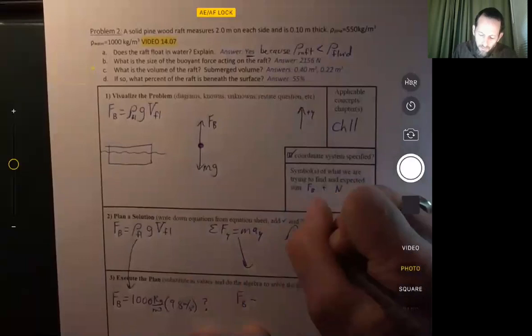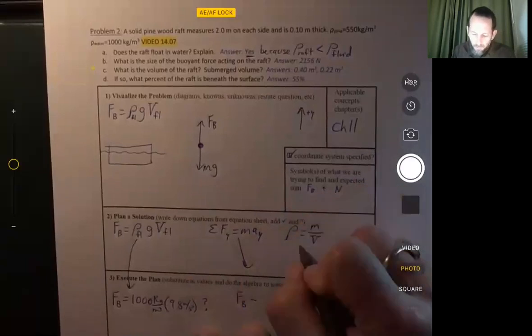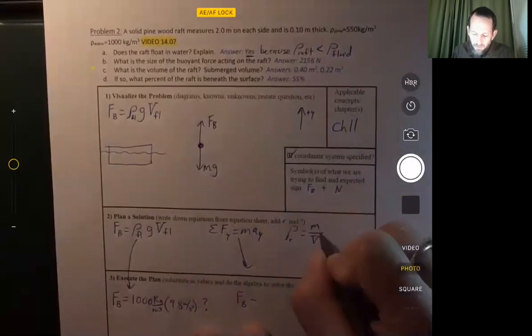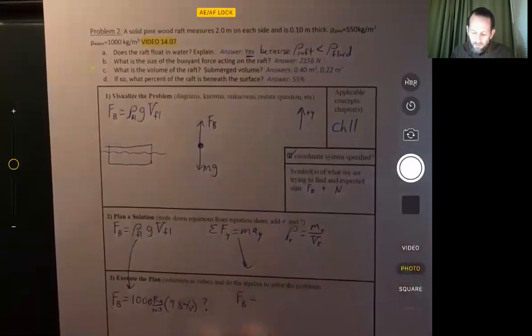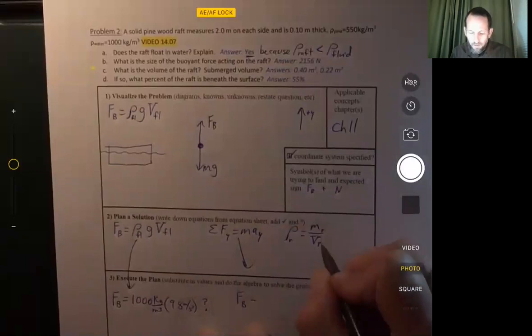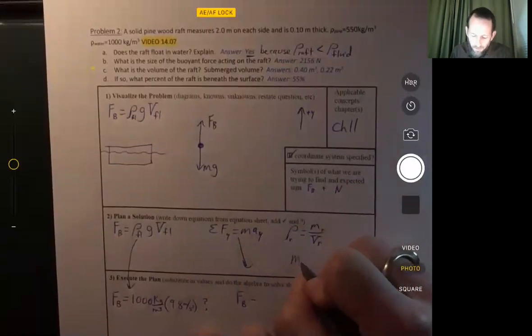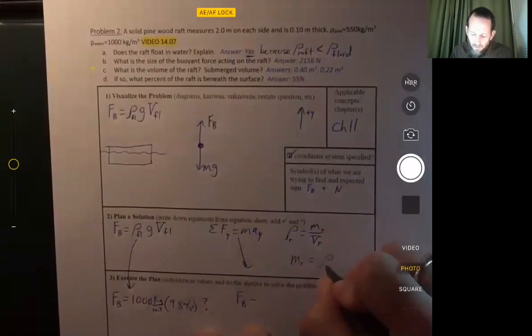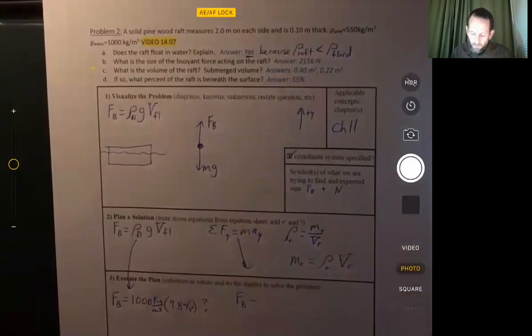Density is equal to mass divided by volume. So if we apply this to the raft, trying to find the mass, the mass of the raft equals the density of the raft times the volume of the raft. We'll come down here.